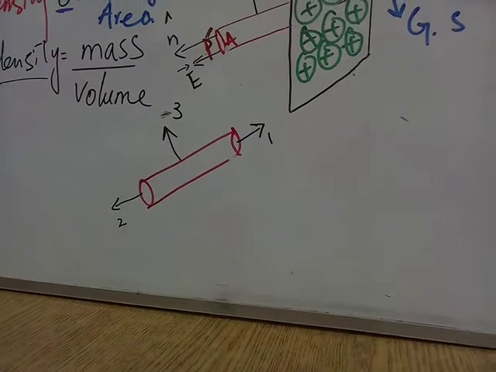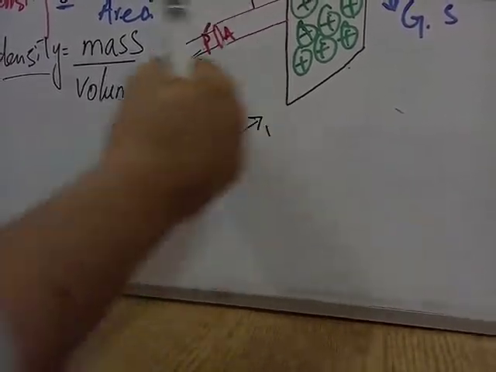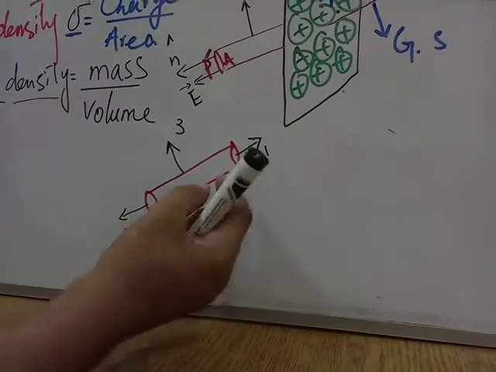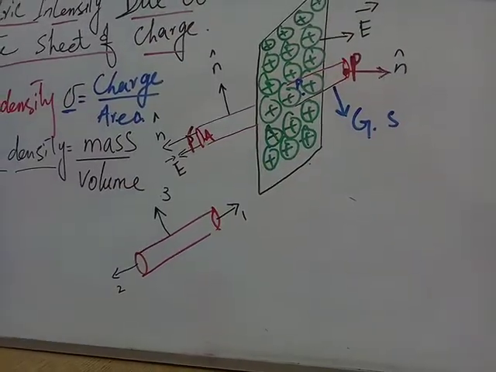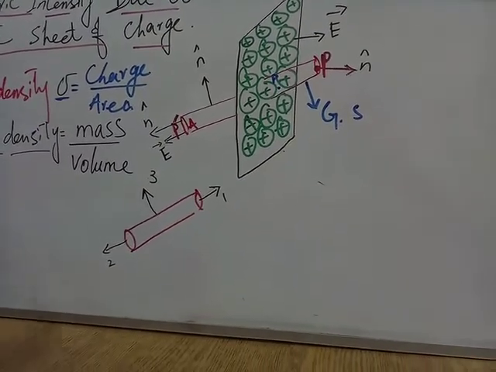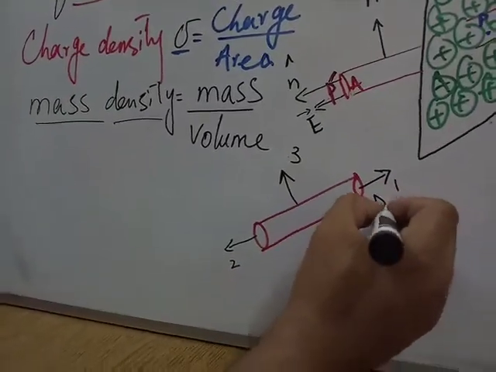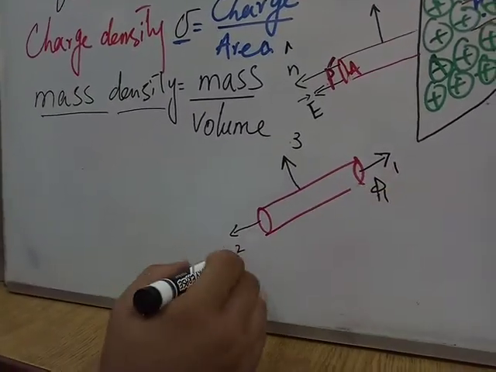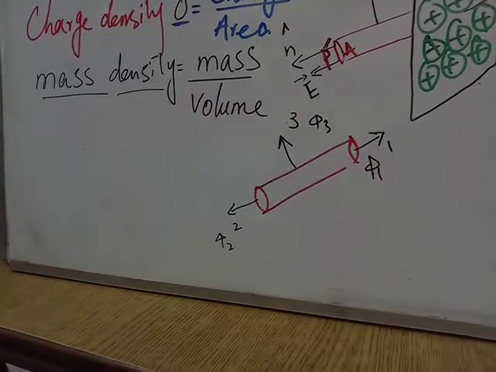So we can write three fluxes for this cylindrical surface. This is the Gaussian surface we can place in that sheet for finding electric intensity. So for faces 1 and 2, this is flux 1 for that surface, for that surface this is flux 2, and this is flux 3.